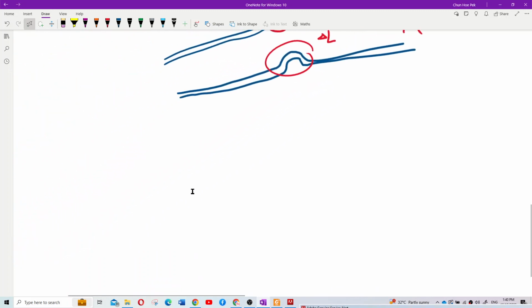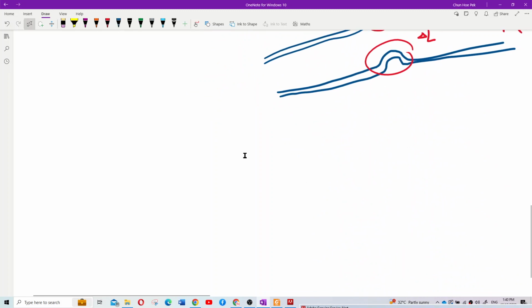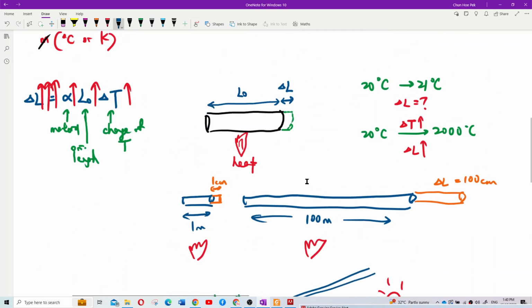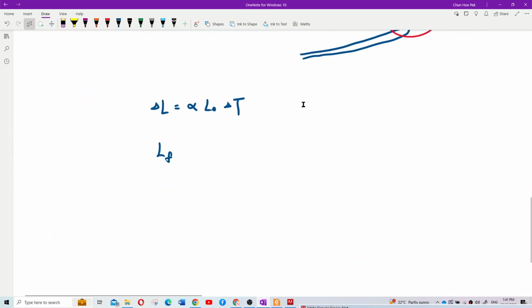Okay, continue. So I continue with this delta L equals alpha L naught delta T. This change of length is affected by these three factors. Now, final length. I copy this one and paste it over here.